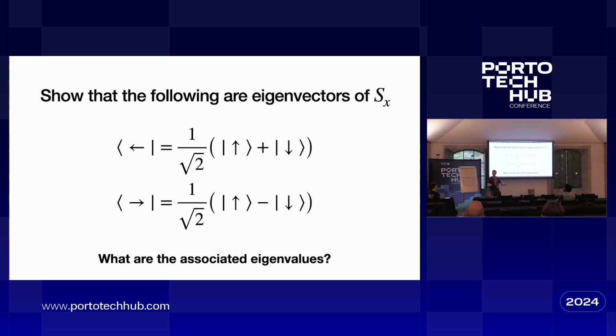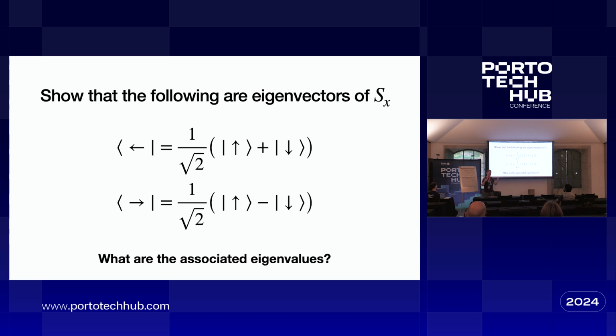So now we know how to represent these states I was saying before, left and right. They're these states. Up and down we already knew. They're the states 1, 0 and 0, 1. Left and right, or sometimes plus and minus, I'm calling them left and right here.